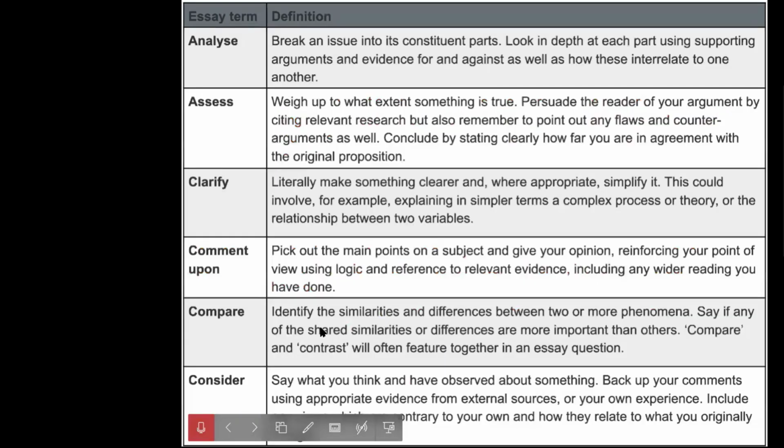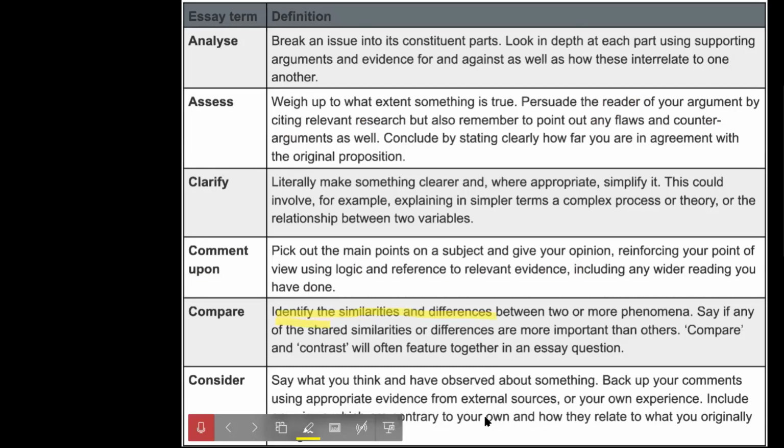Right, so I just want to say that these are all different. Compare: identify the similarities and differences.